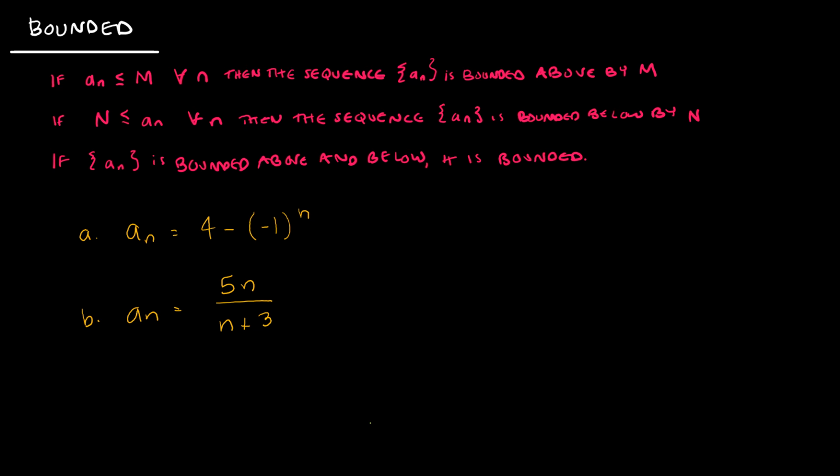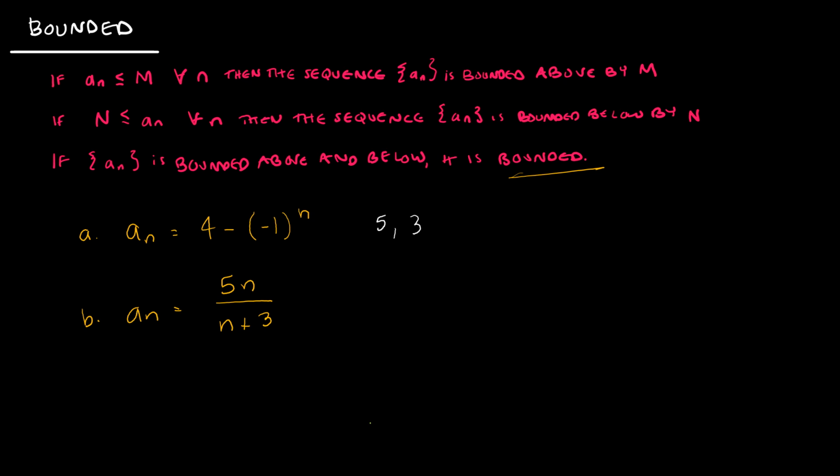The other characteristic we need to talk about is whether or not a sequence is bounded, and it can be bounded above, bounded below, or bounded both above and below, which we would just call bounded. So looking at our first example from our previous slides, remember that this oscillated between 5 and 3.